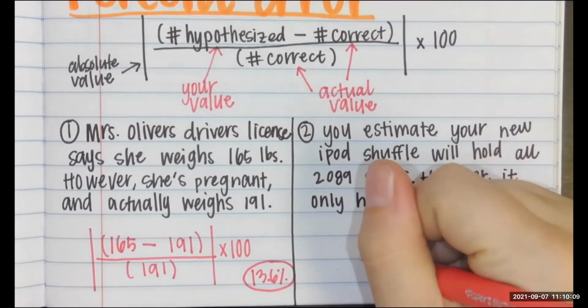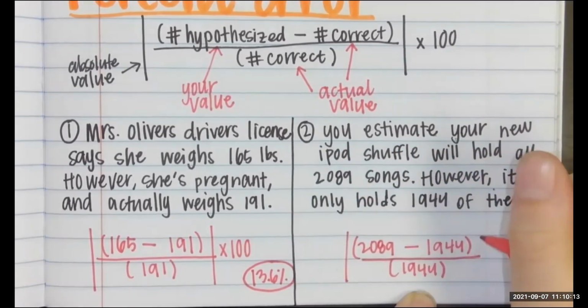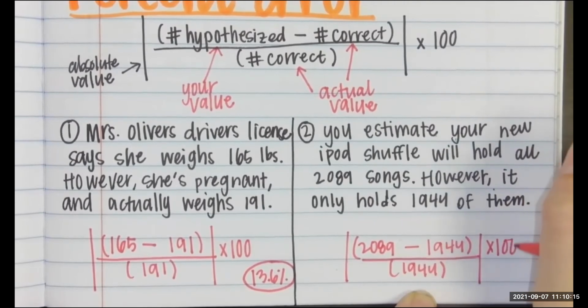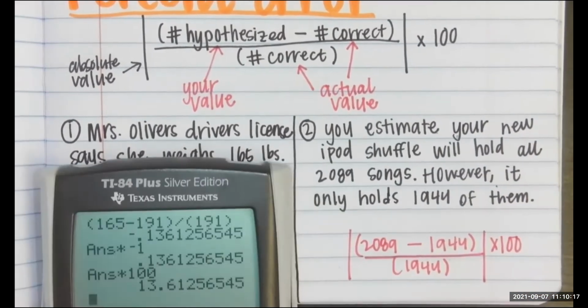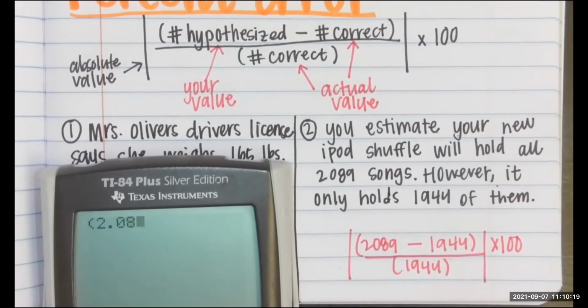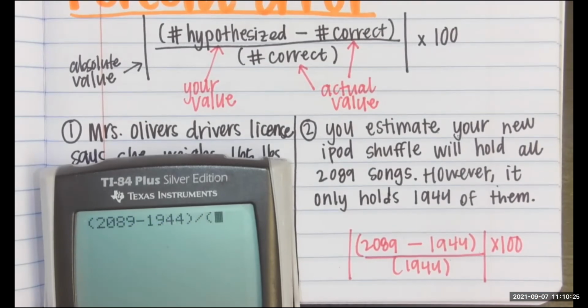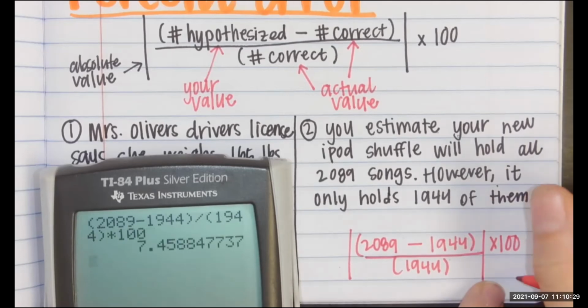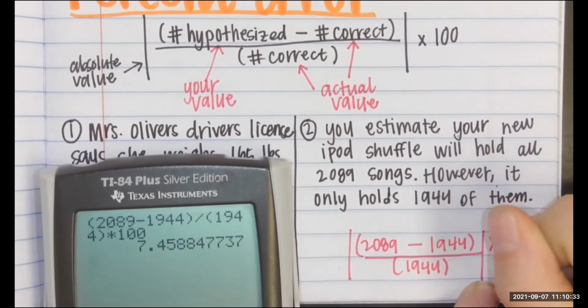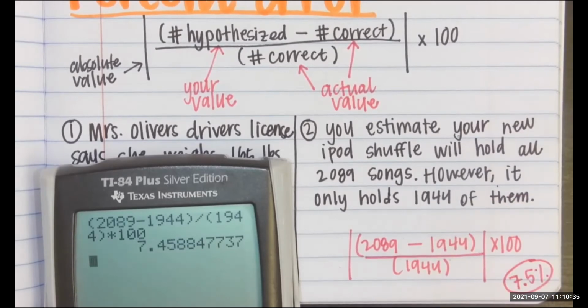We thought it might hold 2,089, but it didn't. And that was about a 7.5% error on our part.